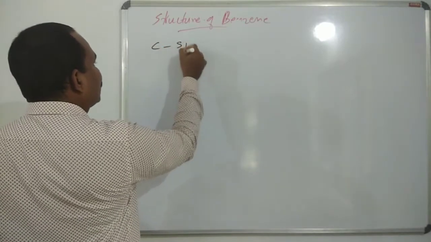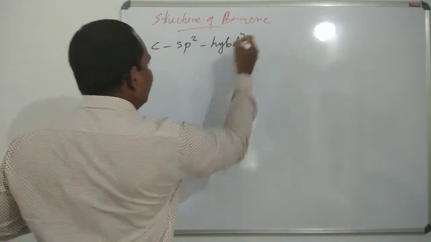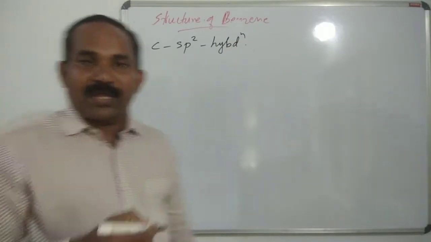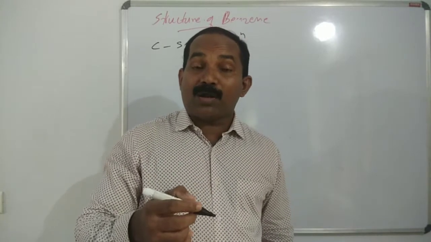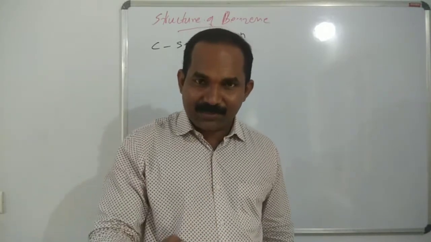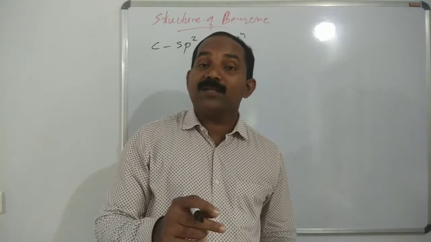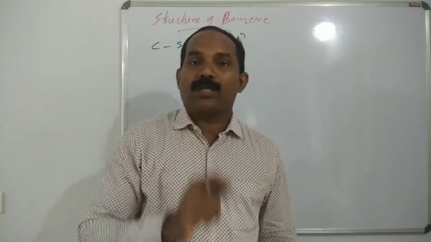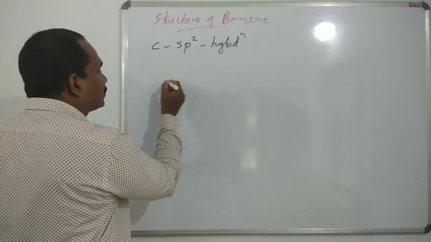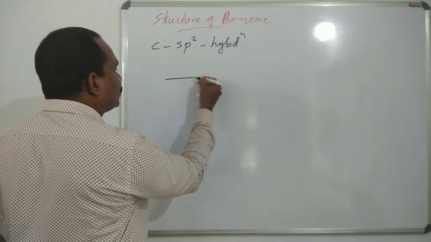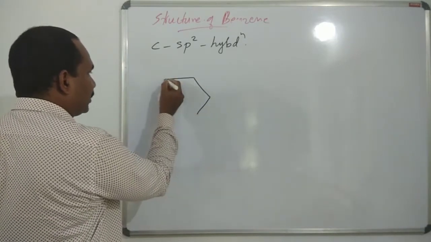In sp2 hybridization, one s orbital and 2 p orbitals undergo hybridization, and the third, unhybridized p orbital contains one electron. Let's draw the structure of benzene according to valence bond theory.